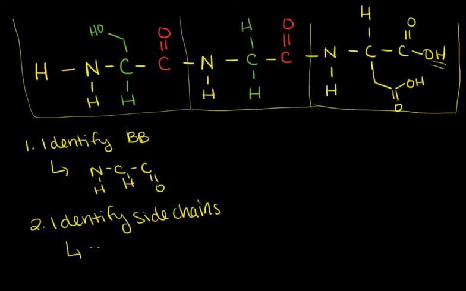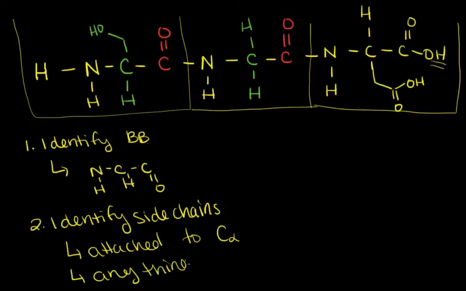So the side chains are attached to the alpha carbon, which has an H attached to it, and they can be anything. So you actually have 20 different options. But you're not going to have to memorize those. So you'll probably just see a few simple ones like this.